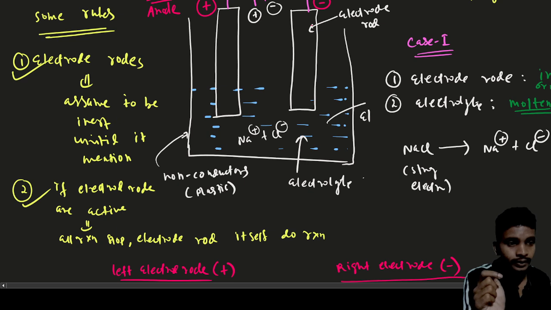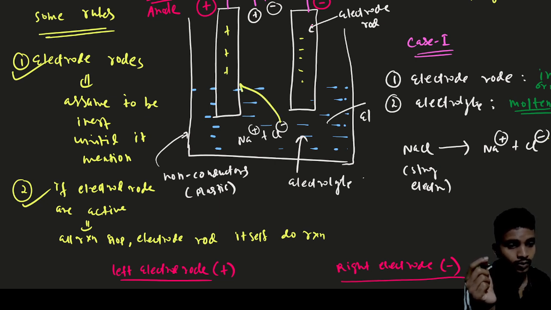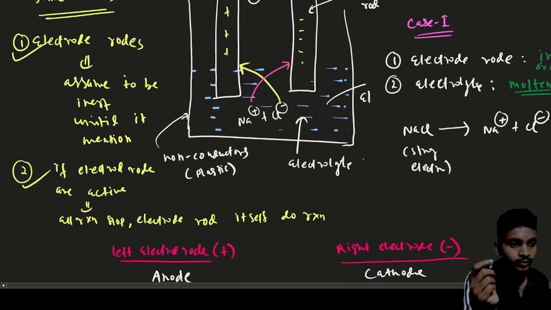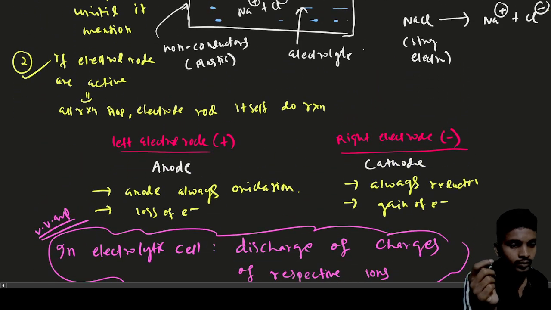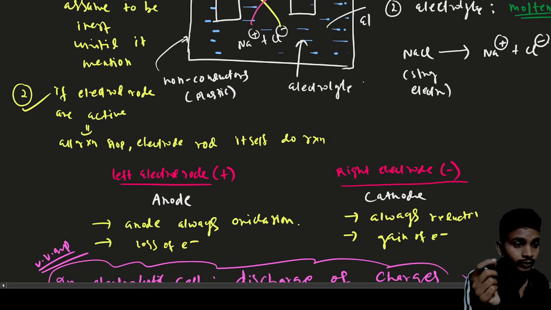Since this rod is positive and this rod is negative, the negative charge attracts towards the positive charge, and the positive charge attracts towards the negative charge, and discharge will happen.